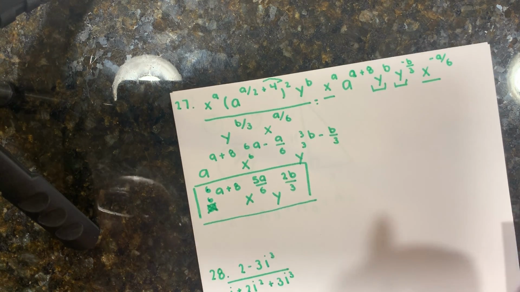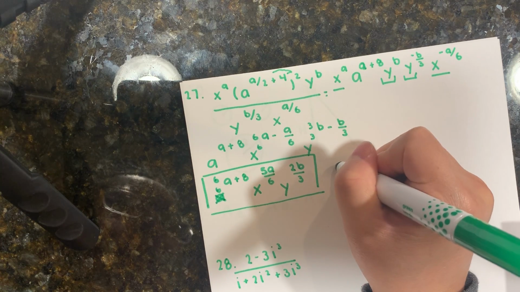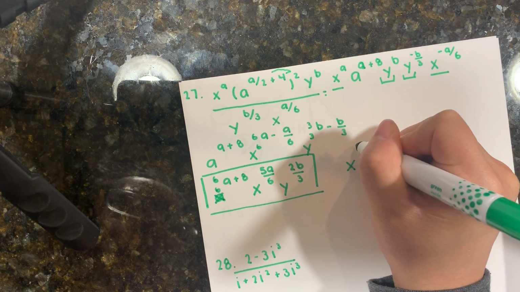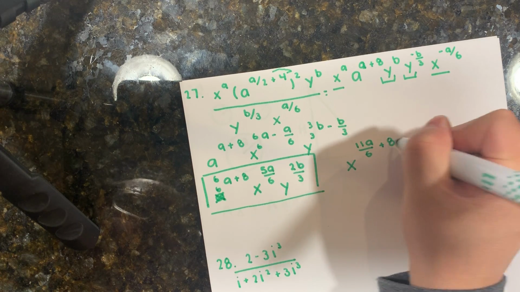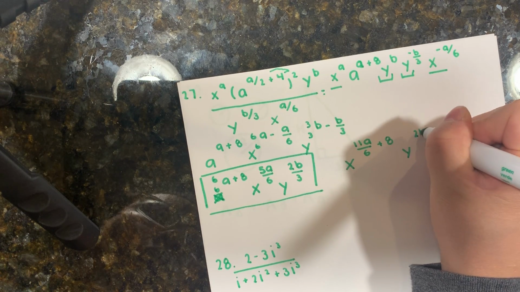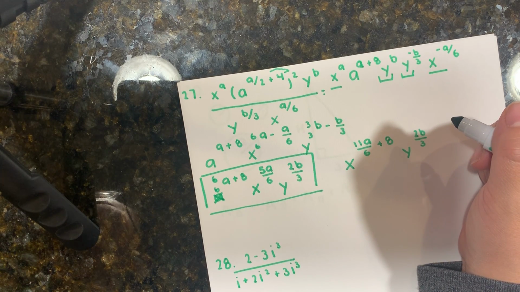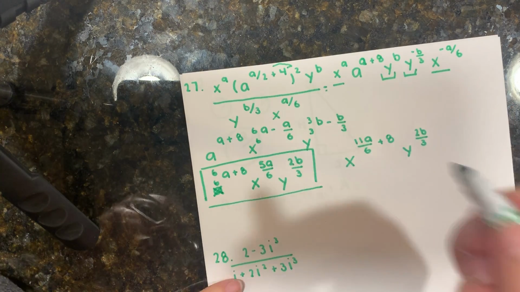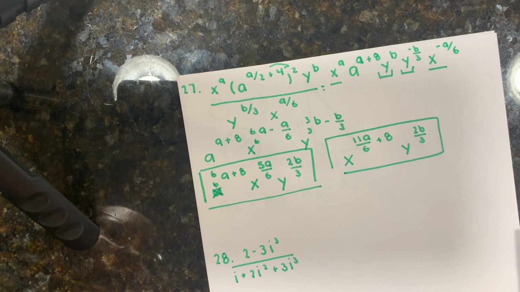So again, I'm sorry, but 6a plus 5a would actually be x to the 11a over 6 plus 8, and then y to the 2b over 3. I think I've now done that right, hopefully. And that would conclude number 27. I apologize for that.